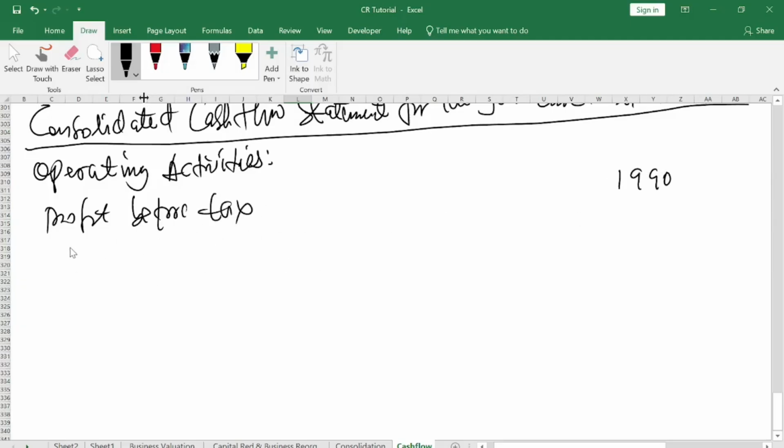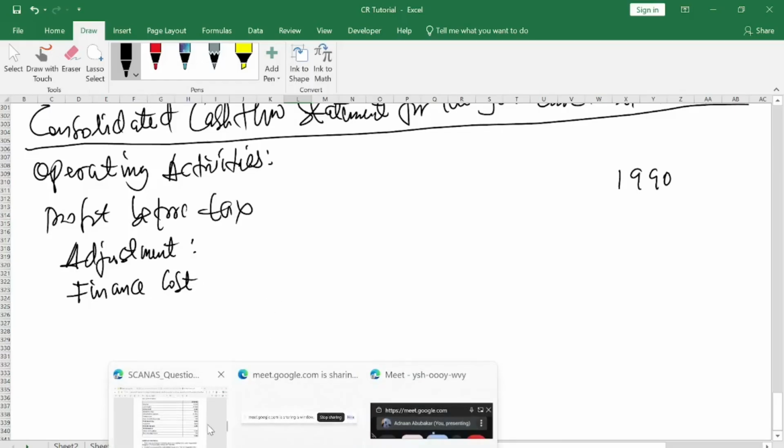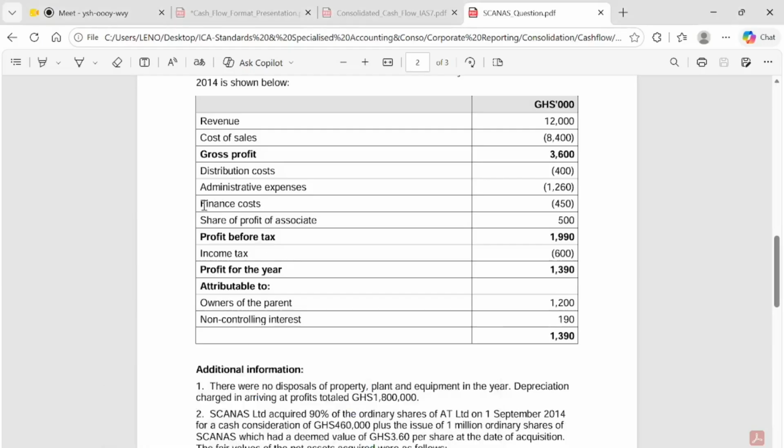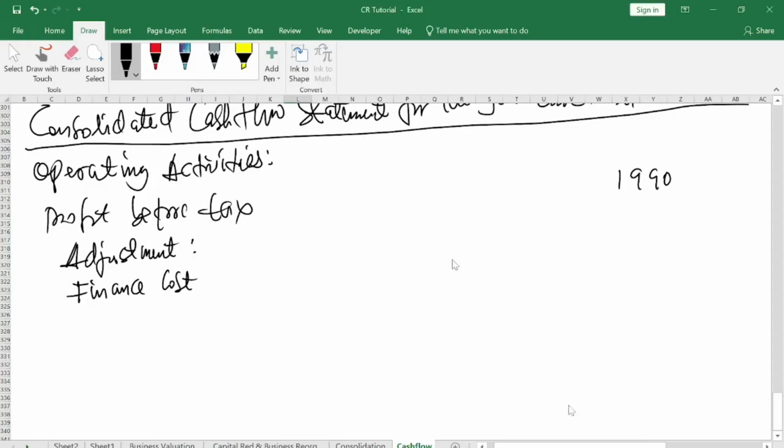So you come and do your adjustments. Your first item is the finance cost, the interest I'm talking about. 450. You come and add it back. They didn't add, so you add 450 back here.